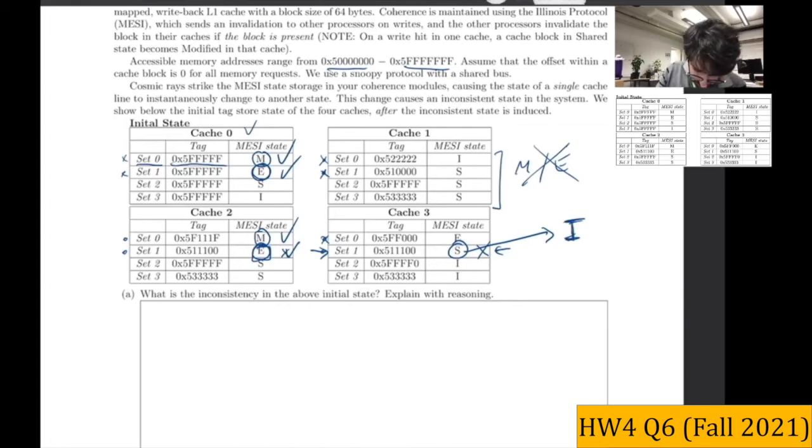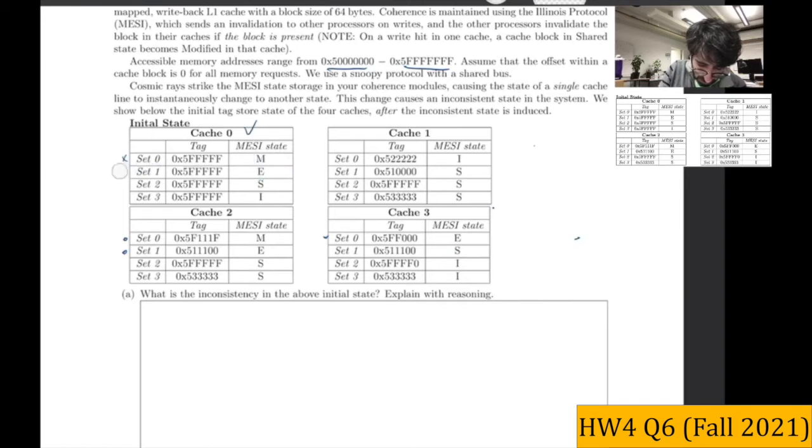Or, let's clean this up a little bit, this could be invalid state, or this could be in shared state. So we have two lines in shared state. So okay, we detect our error here.